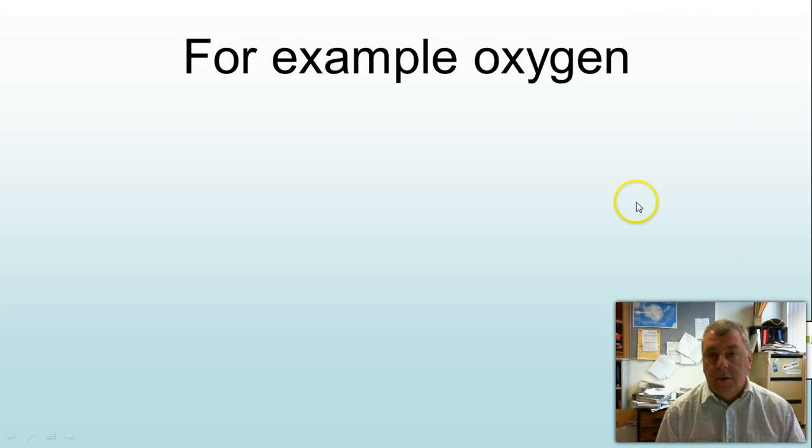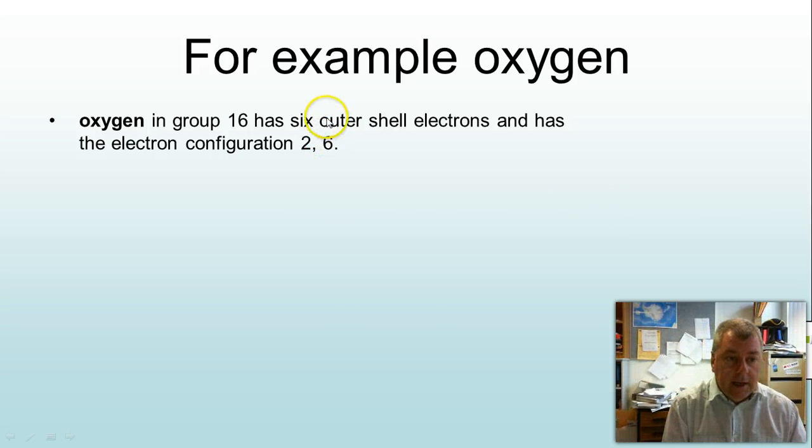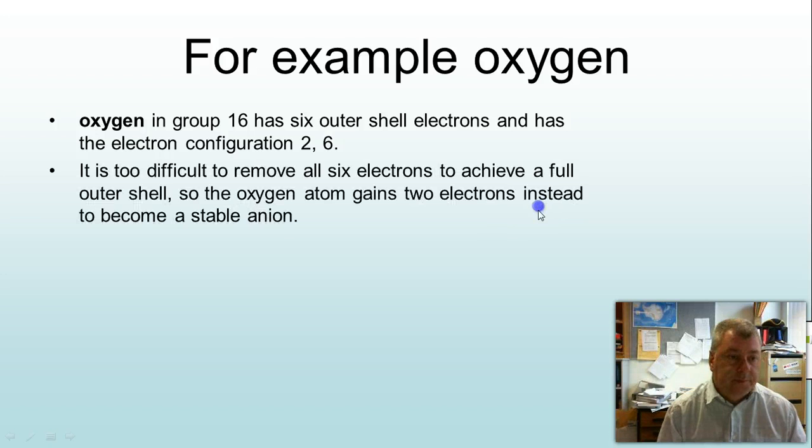For example, let's look at oxygen. It's on the right hand side of the periodic table. It's group 16, has 6 electrons in its outer shell, has an electron configuration of 2 and 6. So really it would like to have 8 electrons in the outer shell. Now it's too difficult to move these 6 and get a full outer shell by just having 2 electrons in the outer shell.